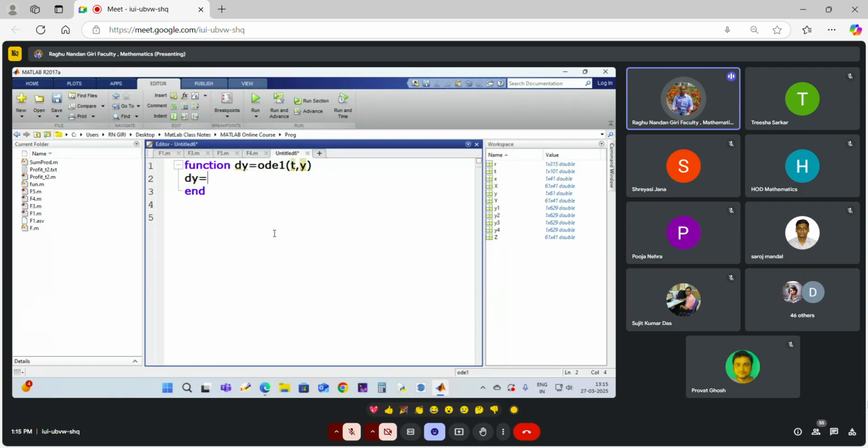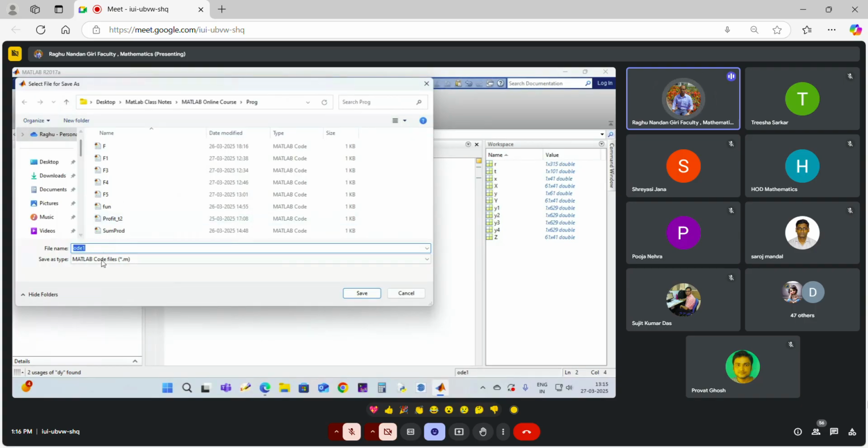Then dy equals 2 into y minus 0.01 into y square. This is the function I have defined for the ODE.